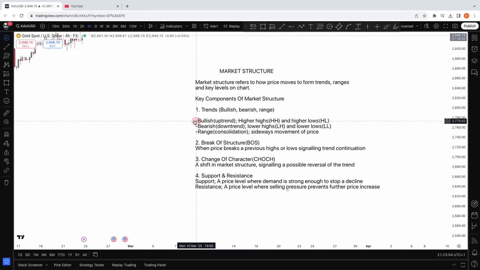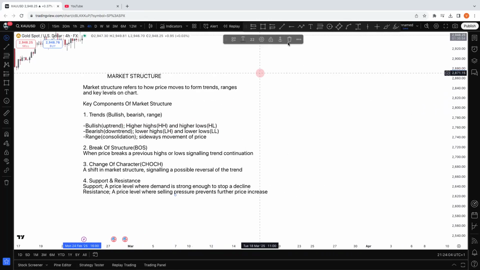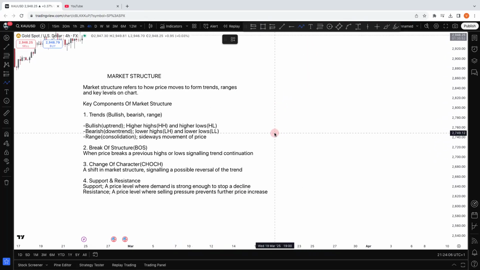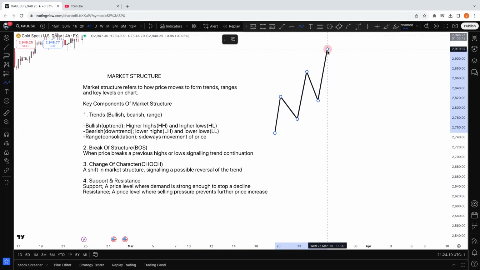And we have now the bullish trend, which is also called the uptrend, characterized by higher highs and higher lows. Now, this is what an uptrend means. This is what the bullish trend means when price just continues going up, right?